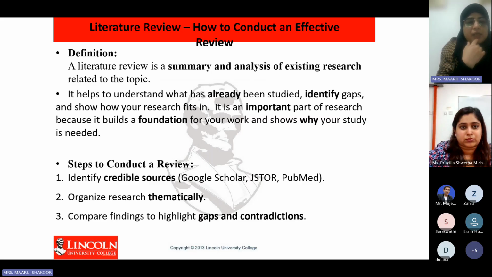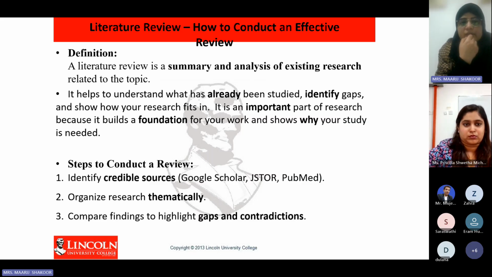Organize research thematically. Yes, you have to follow a theme. Let's see, if I'm going to talk about trauma, is it possible that I talk about anything which is not relevant or related to trauma? Like there is eye trauma, there is ear trauma, there is head trauma.